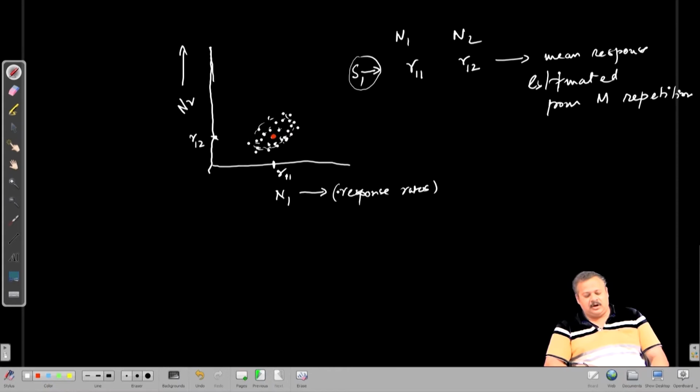There are capital M dots, and each dot represents how the response of one neuron is related to the other neuron for that trial. Overall, if we look at this cloud of points around the red dot, which is the mean response, then we get an idea of how the two neurons' responses vary with each other over different trials.